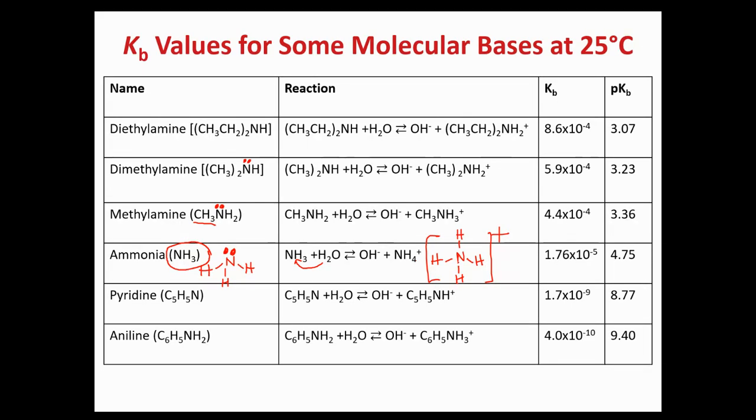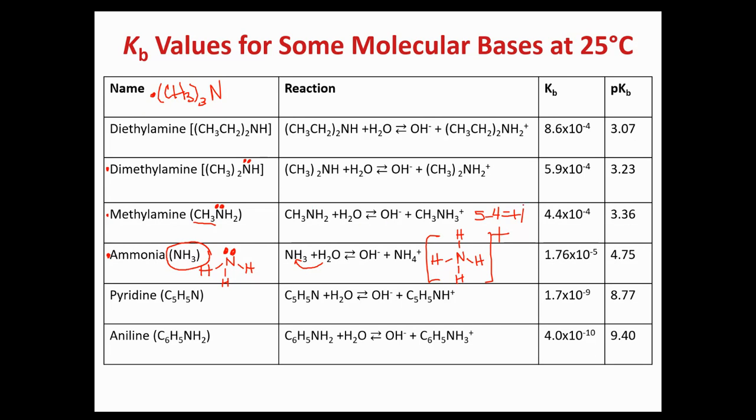Remember formal charge: nitrogen has 5 valence electrons, and then we count the bonds 1, 2, 3, 4, and that gives that nitrogen a plus 1 formal charge. Let me star the ones more common for us to use: dimethylamine, methylamine, and ammonia. The only one not here that is also worth noting is (CH3)3N, trimethylamine, another one you should consider as you do your homework.